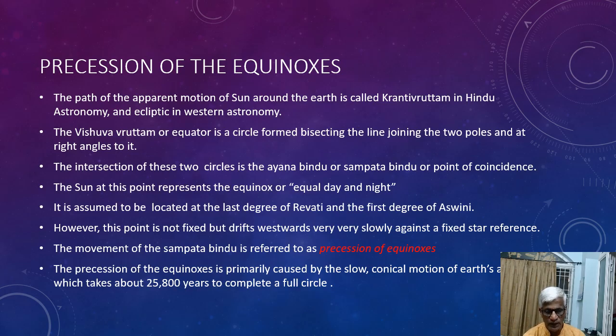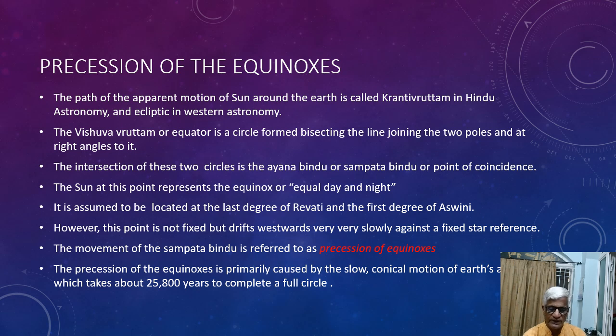The point is drifting westwards very slowly. Very slowly at the same rate of 25,800 years. This movement of this Sampada Bindu is what is called as precession of the equinoxes.